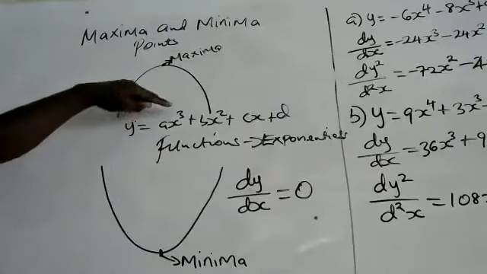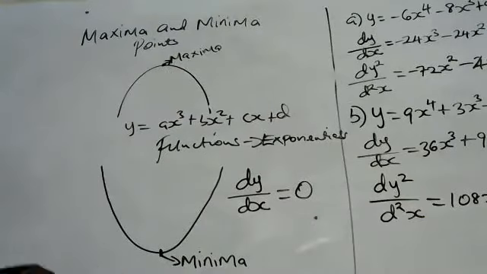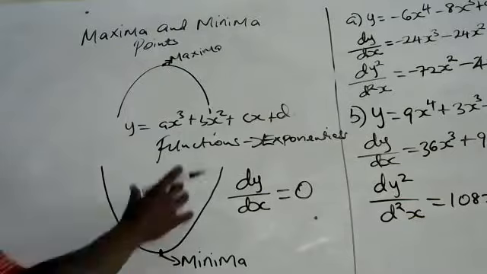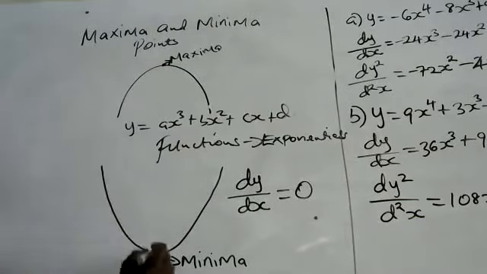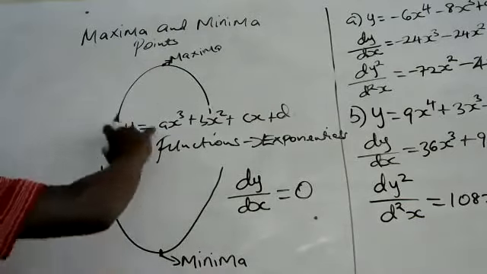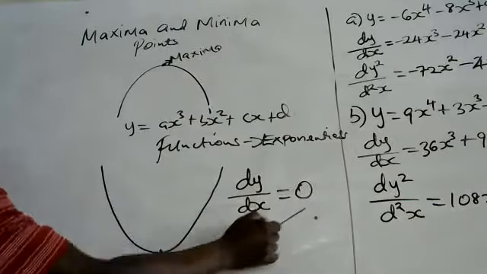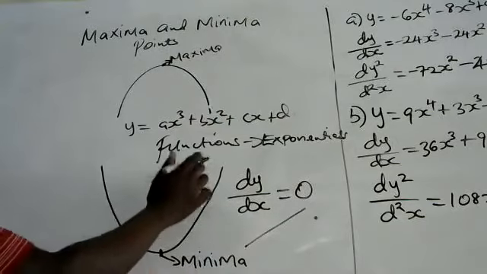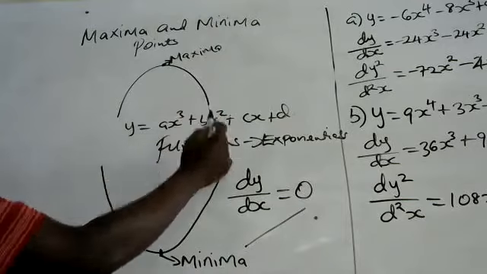Whenever there is power 3 or power 2, if we draw this on a graph, it is going to give us a curve. It cannot give us a straight line. It is going to give us a curve because of these powers.